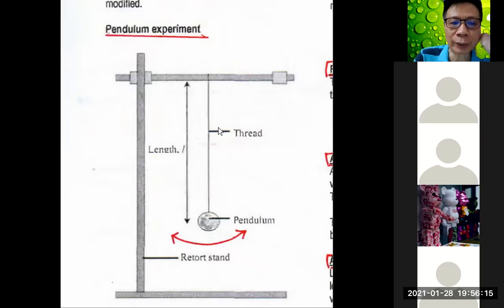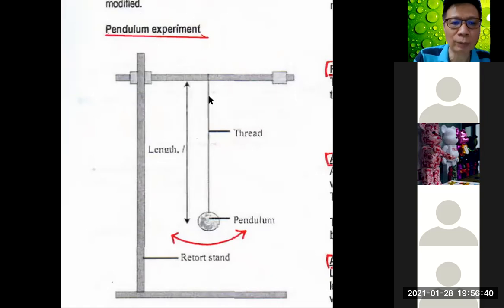What happens when the thread is long? What happens when the thread is short? When you make this pendulum bob swing to the left and right, what happens when the thread is long? What happens when the thread is short? So what do you think? Jonathan, when the thread is short and when the thread is long, what is the difference?